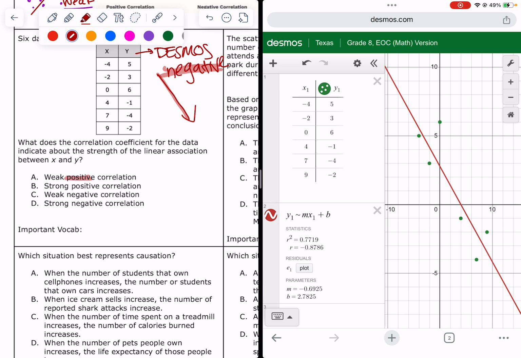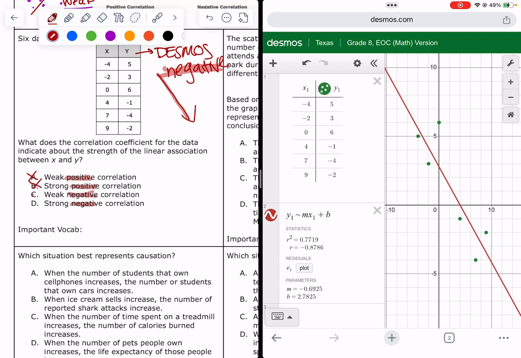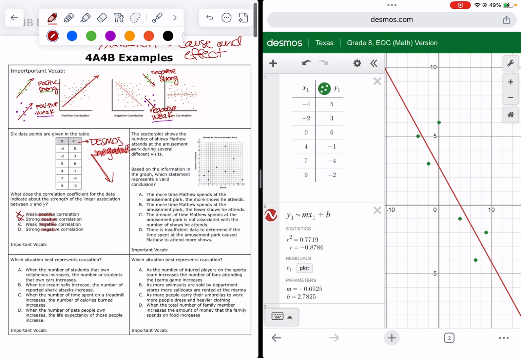A has positive, B has positive, C has negative, D has negative. So I know A and B are out. So then when I look, I see all these points are kind of close to my line. Kind of close, okay? So if they're close, it's going to be strong. So we have a strong correlation.